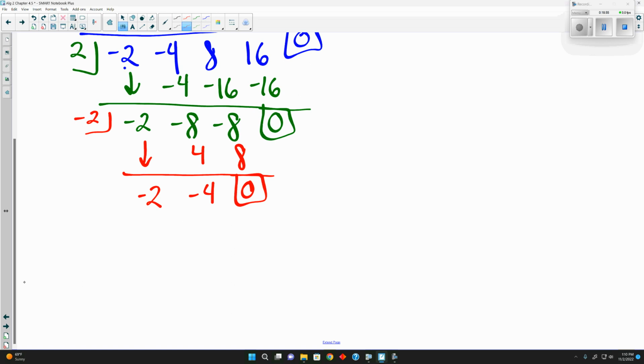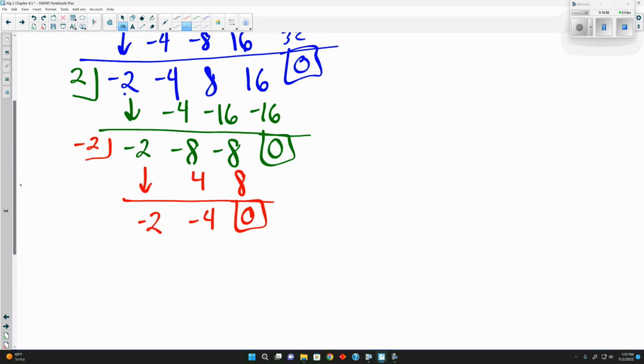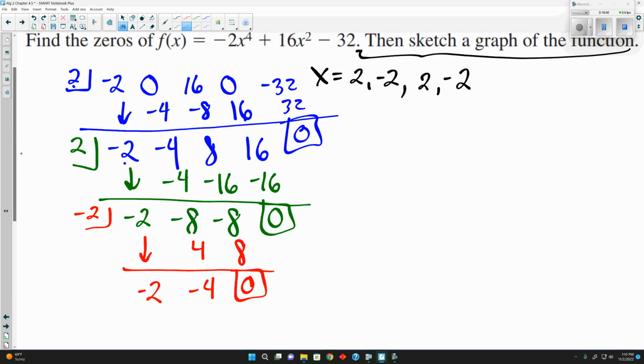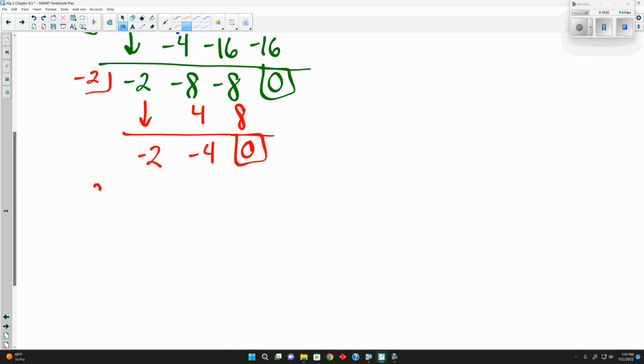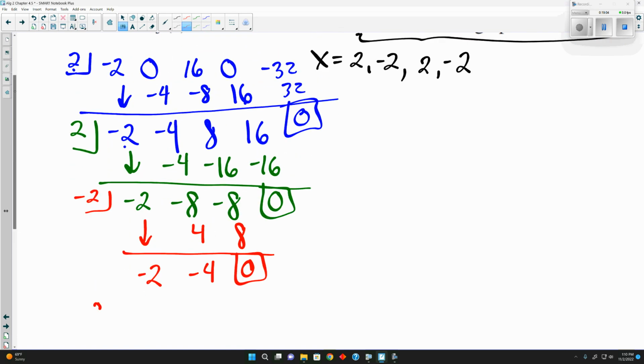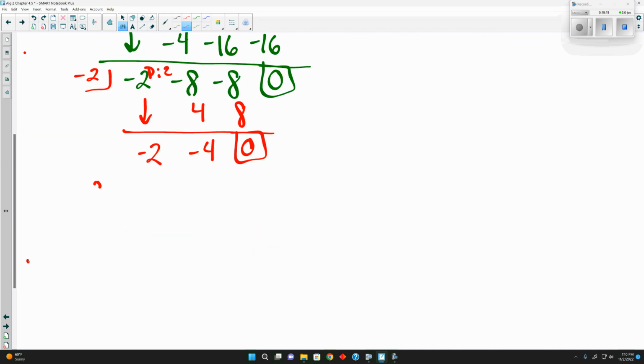Now at this point, because we started off with a degree 4, yes? If we do this once, it brings it down to a degree 3. Then we have a degree 2, which means our final statement here is a degree 1.